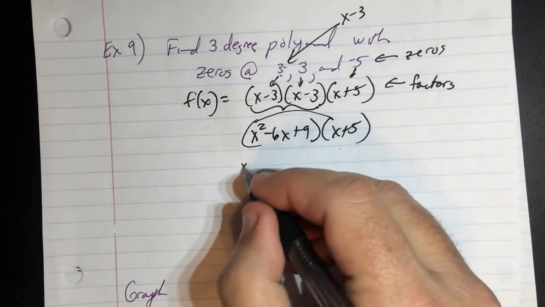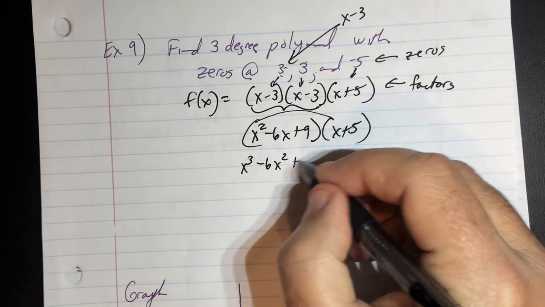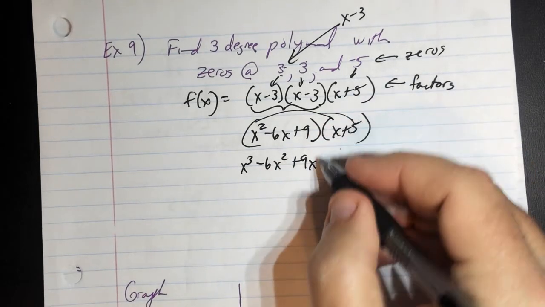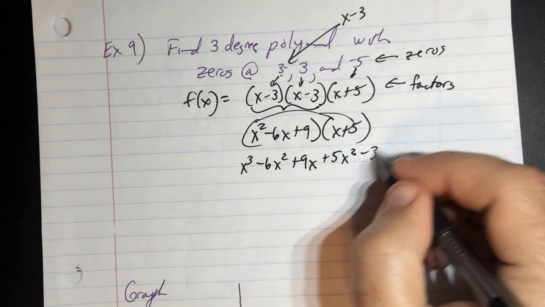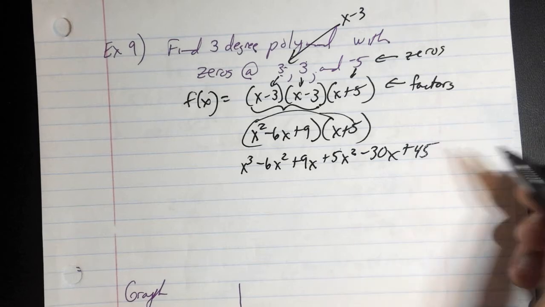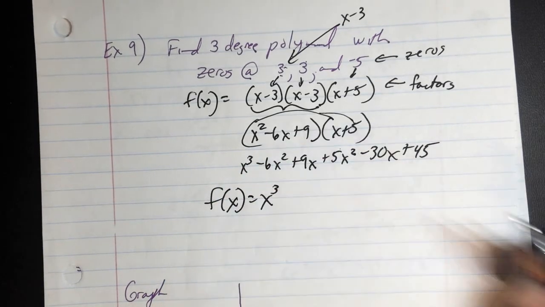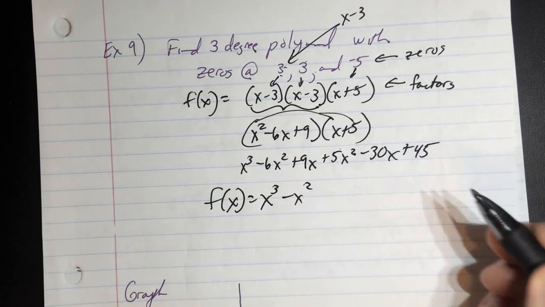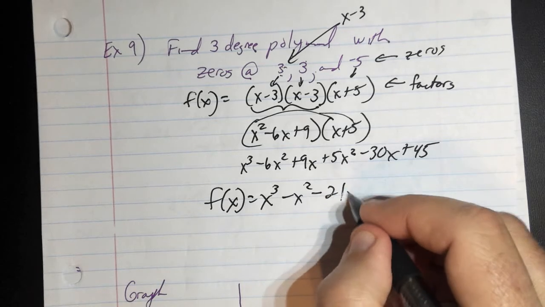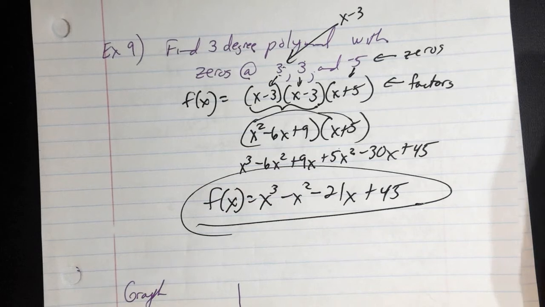So it's going to be x cubed minus 6x squared plus 9x plus 5x squared minus 30x plus 45, which is going to give me the polynomial of degree 3, like I said: x cubed minus x squared minus 21x plus 45. And there's my third degree polynomial.